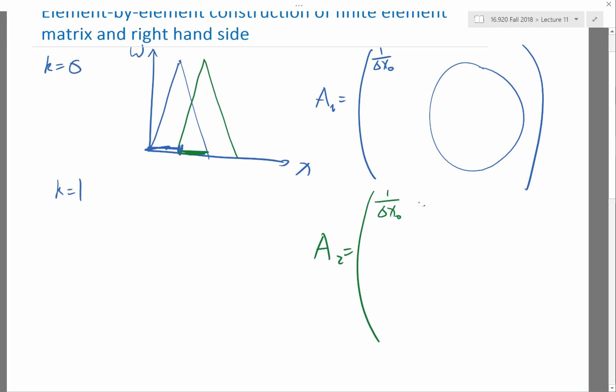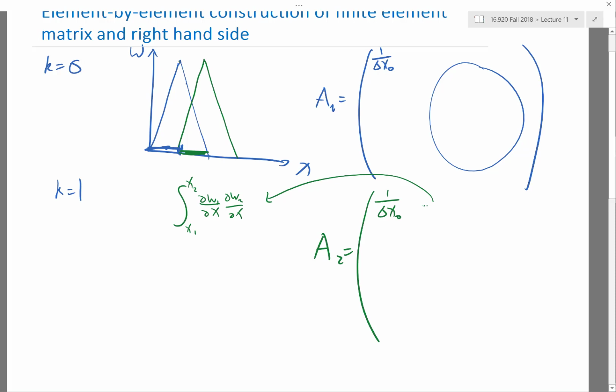But then again, this one is going to be non-zero because this is going to be the integral over x1, x2 of dw1 dx, dw2 dx.